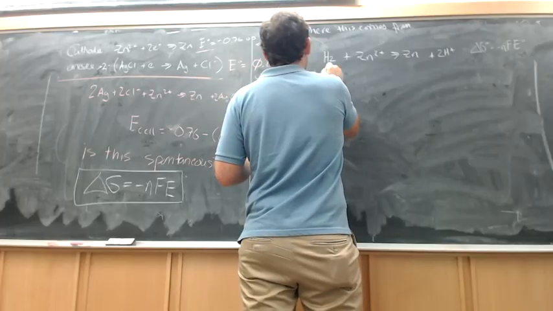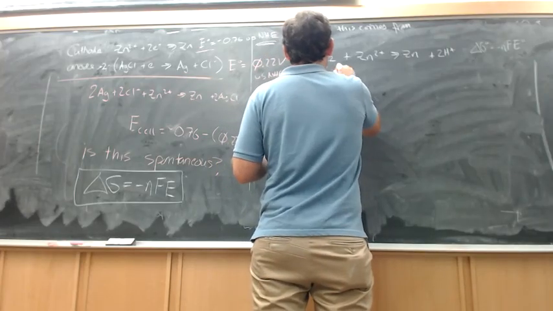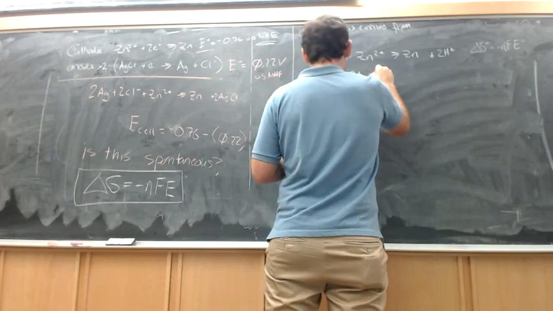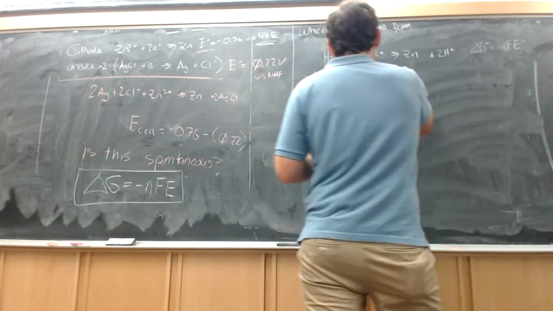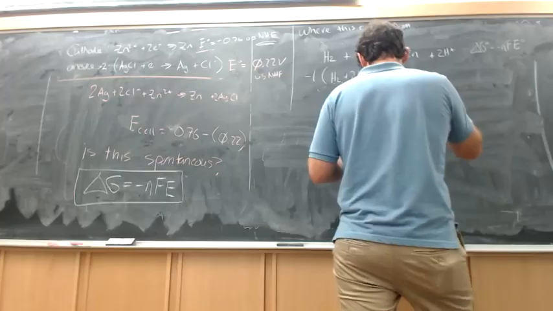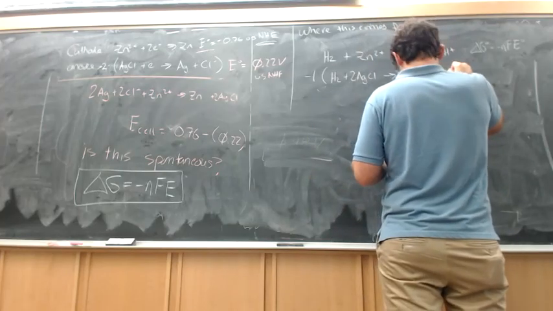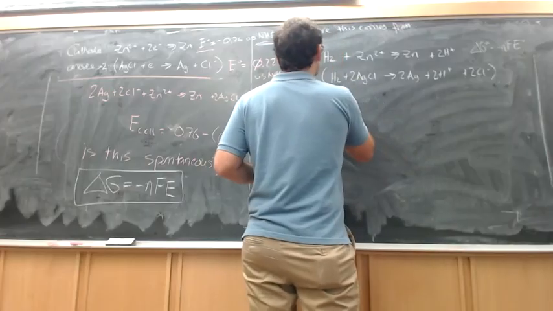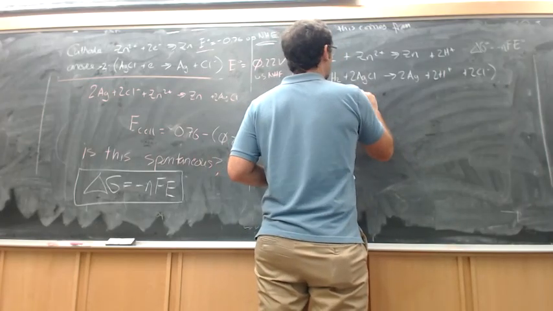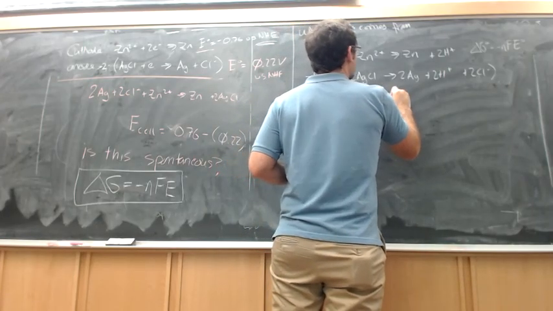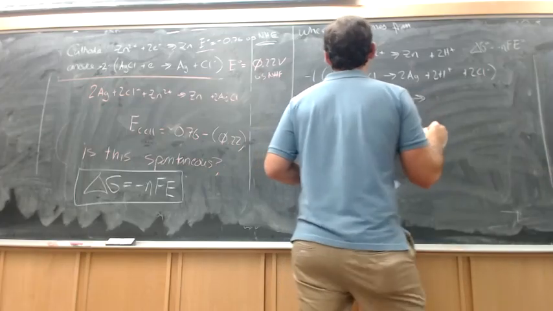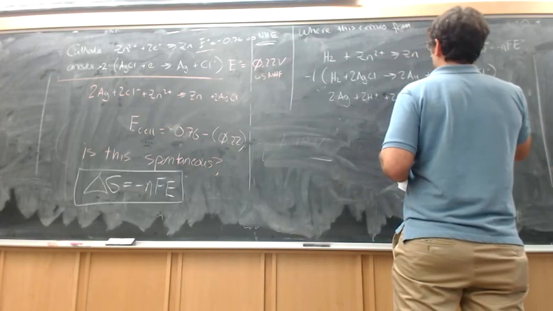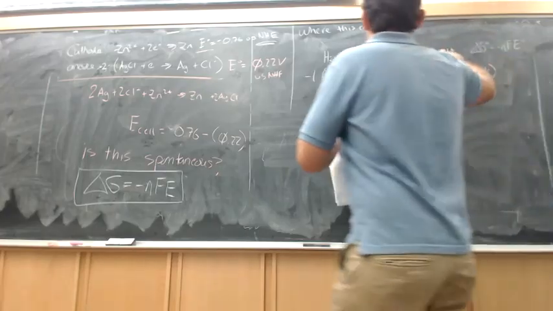Okay, and I can similarly write another reference half reaction. Here, I'm going to do it a little different. Negative 1 times H2 plus 2AgCl goes to 2Ag plus 2H plus 2Cl minus. Or 2Ag plus 2H plus 2Cl minus goes to H2 plus 2AgCl. Okay, so these are the same expressions, right?